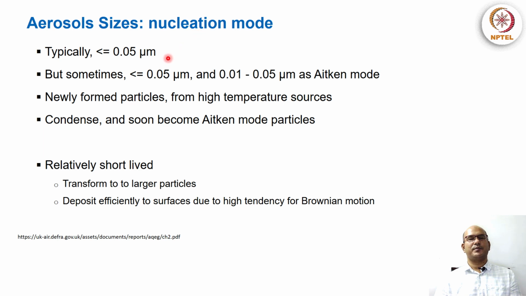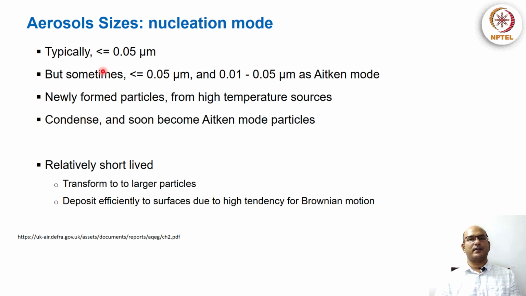Nucleation modes are typically considered to be less than 0.05 micrometer, but sometimes this is 0.05 only and this is Aitken mode. These are generally our newly formed particles, from different sources, including high temperature sources.